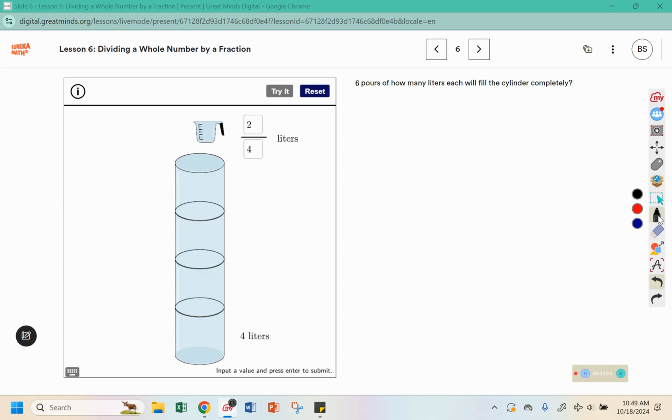If we had 6 pours, 6 times what number would equal 4? I could change these to fraction pieces. 4 could also be written as 16/4 if we wanted to make it fourths.